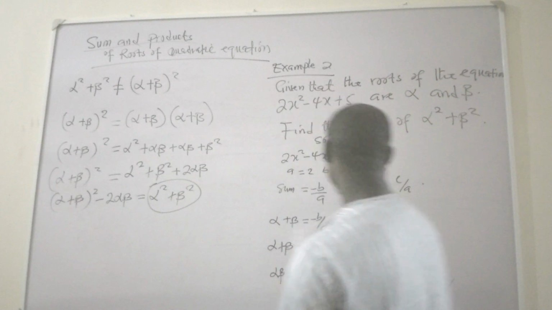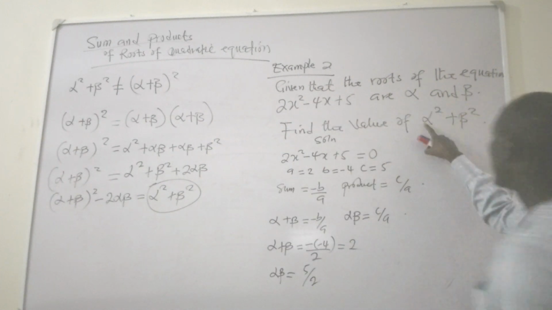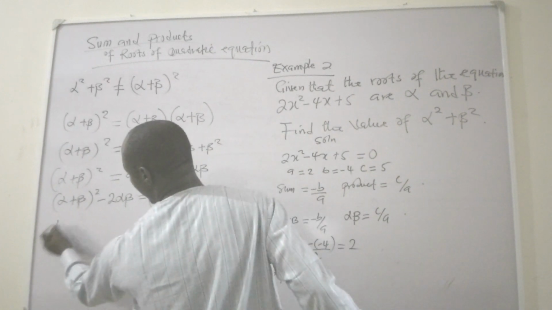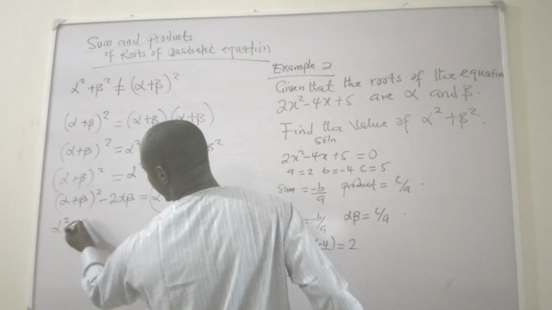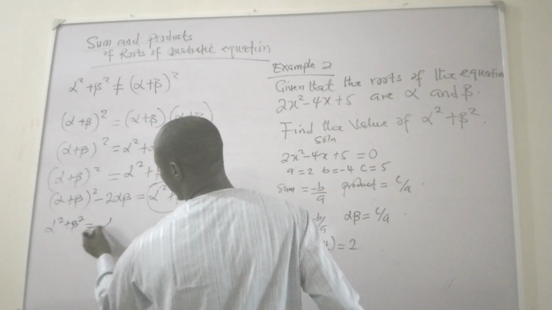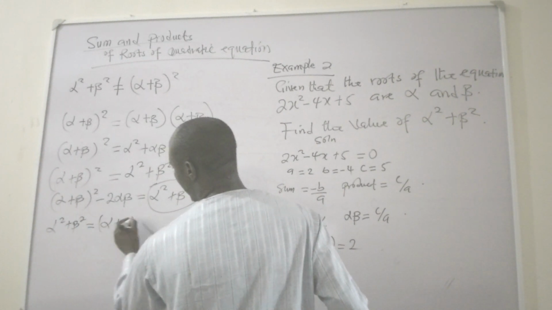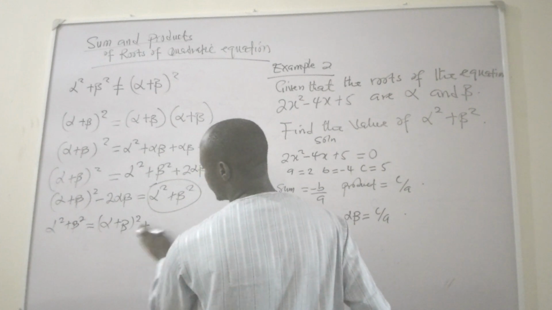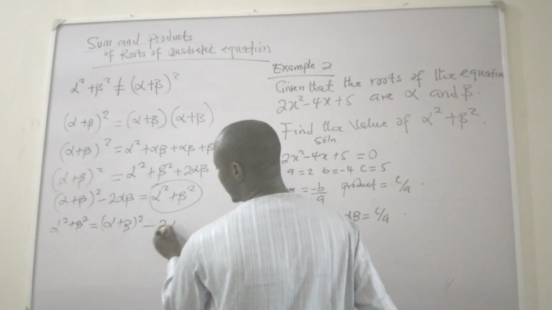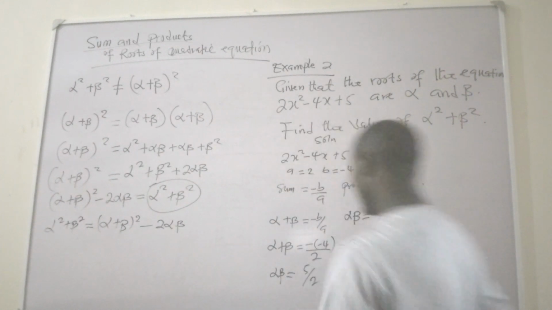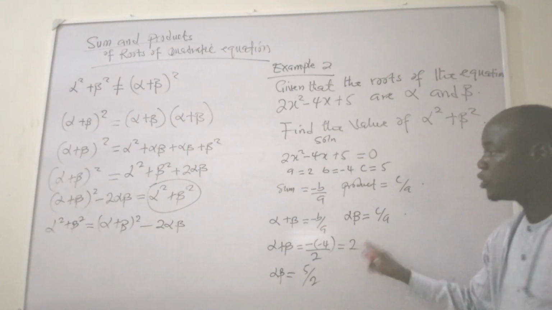So therefore now we need to get the value of alpha squared plus beta squared. Alpha squared plus beta squared is equal to (alpha plus beta) squared minus 2 alpha beta. So what is the value of alpha plus beta? The value of alpha plus beta is 2.